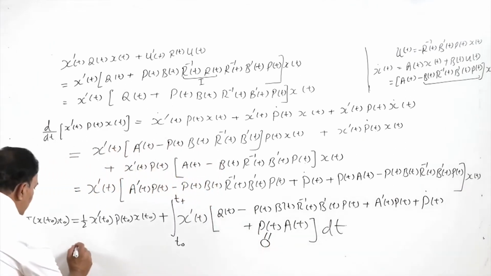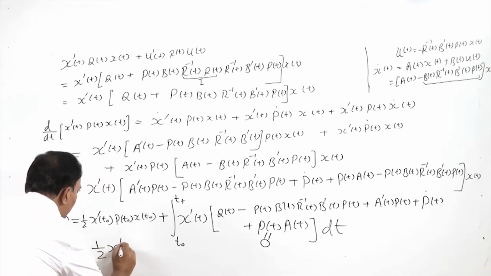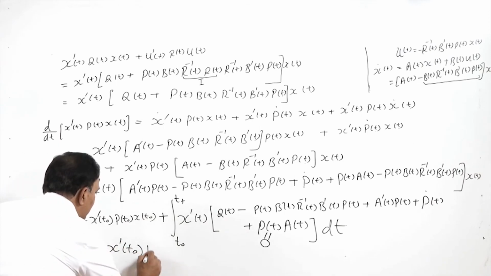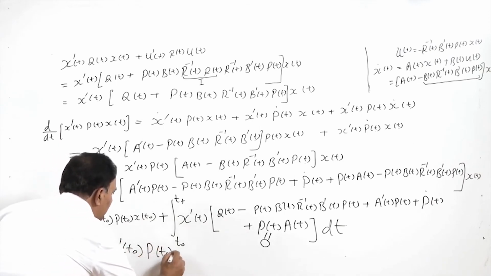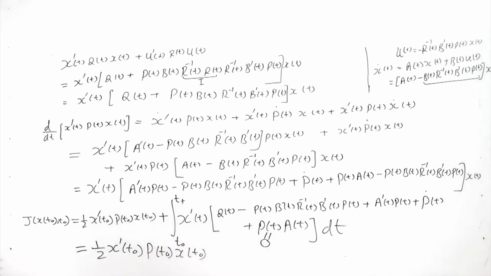So I will get half x transpose t0 P t0 x t0. So J optimal value of the performance index is nothing but half of x transpose t0, P t0, x t0.